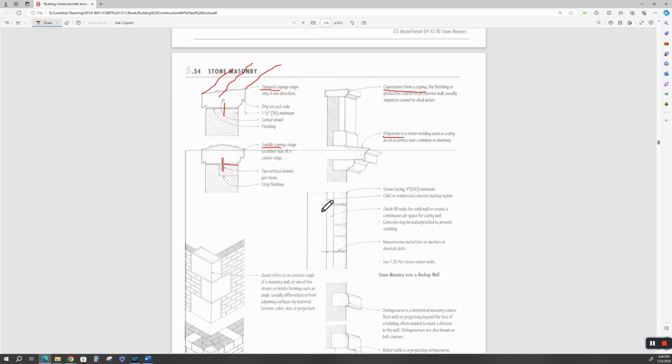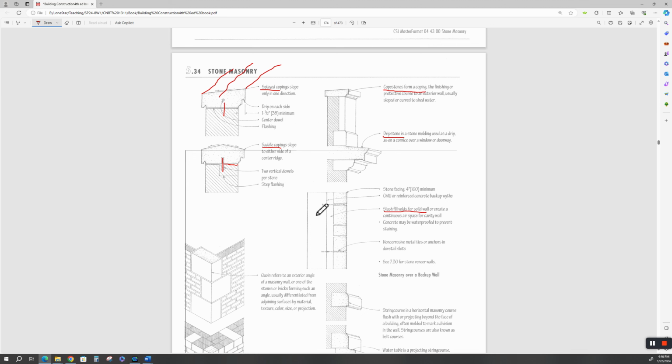Got CMU backing. This is a double withe construction. We'd fill the voids with grout or slurry or cementitious material. Concrete may be waterproofed to prevent staining. This is your backup withe in here, and then you'd face the CMU.